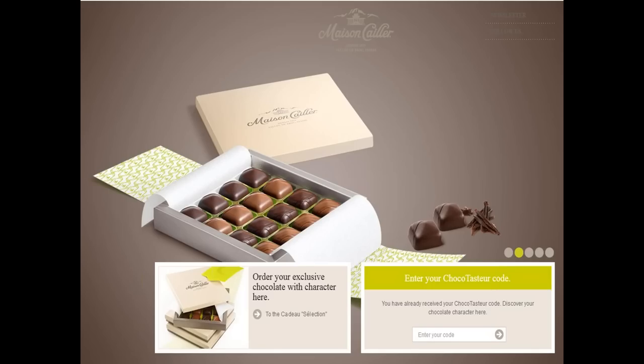The margins are much better, and you have a direct connection with the consumer. They decided to create a direct channel, meaning there's an online website where you can order chocolate for your loved ones, and you interact directly with the brand and with the product and with the packaging as well, with no intermediate, the person in the middle, right?